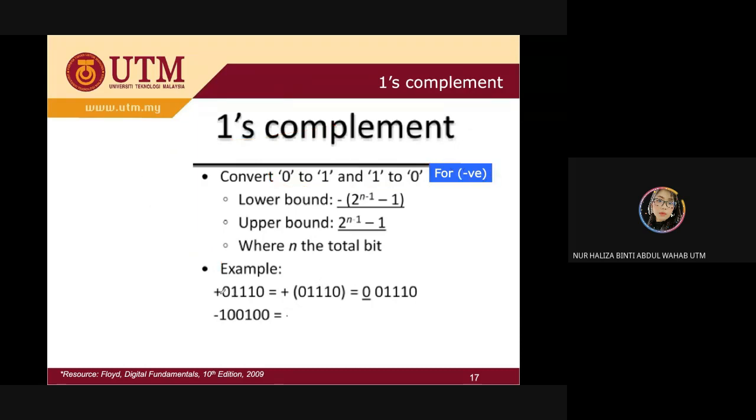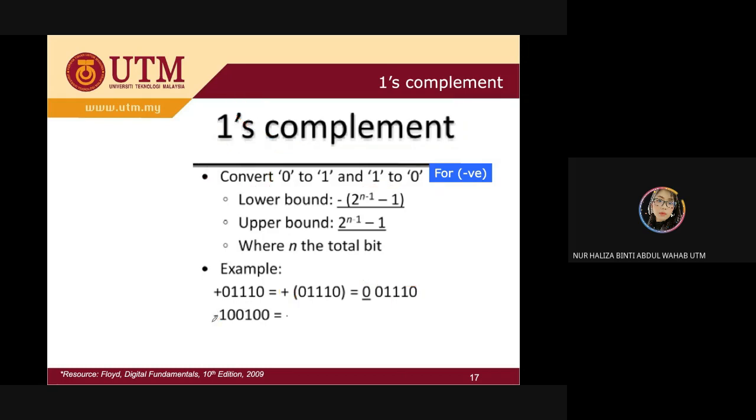Again, for a positive number, you still just use sign magnitude. Although you want to convert it to first complement, nothing happens. There is no method for you to apply. You still use sign magnitude for a positive number. But for a negative number, you need to apply this first complement method, which is to change 0 to 1.